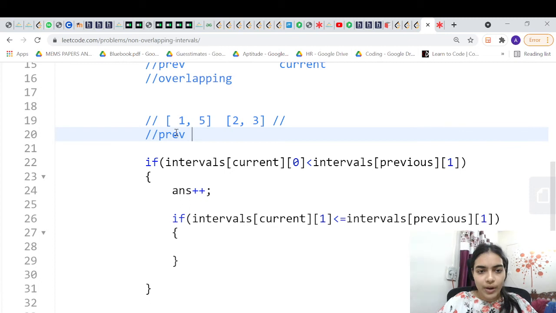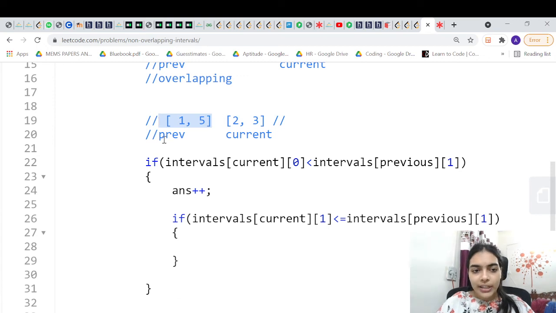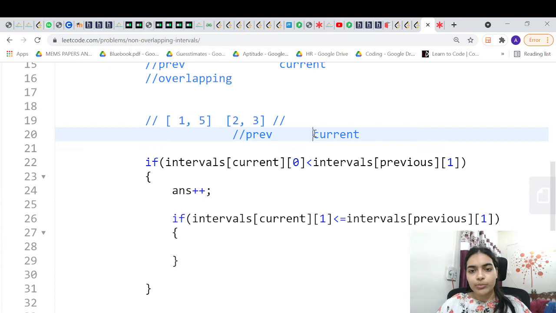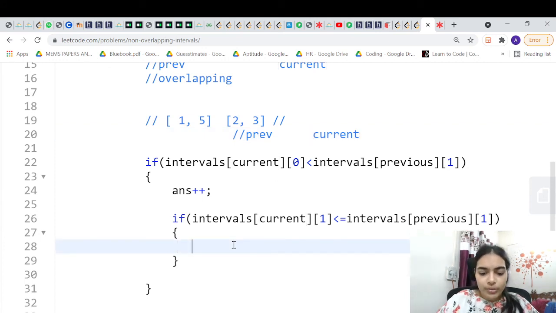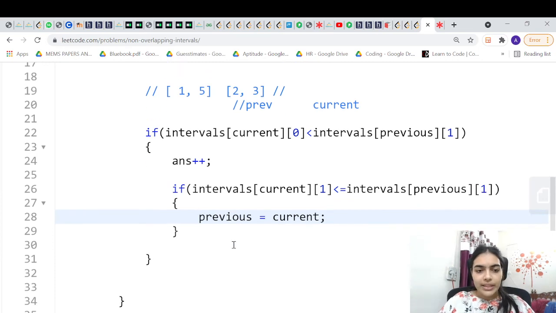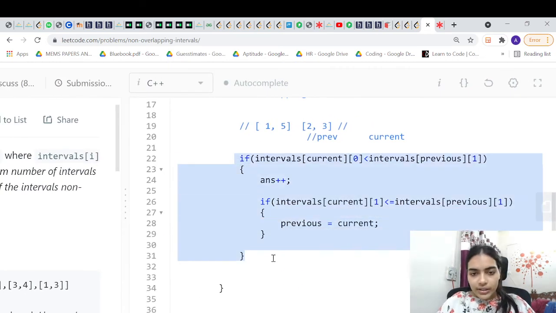Your previous was at 1 5 and this is your current variable. If you are deleting 1 5, it means you are shifting your previous element. You will shift your previous to this and move your current forward. So your previous will become equal to current. Okay, that's it. Now these are the cases.